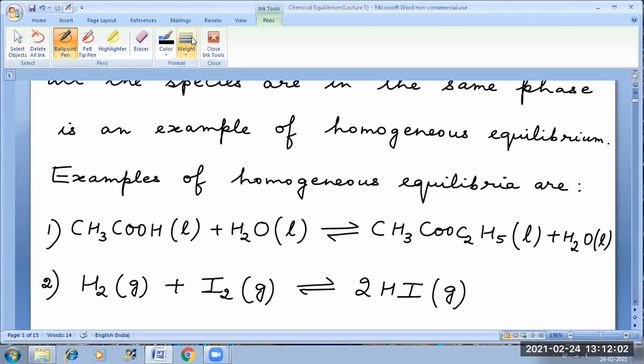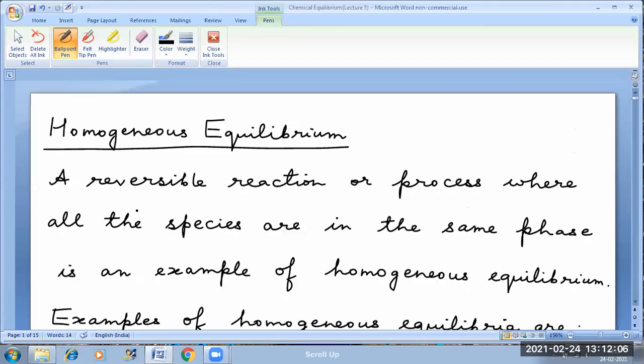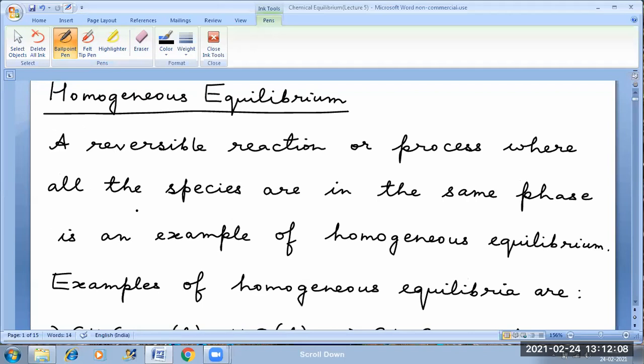It's a single phase for the entire reaction. Then we say that it is an example of homogeneous equilibrium. So if an equilibrium is existing for a reaction wherein all the participating species are in the same phase, we call that an example of homogeneous equilibrium.